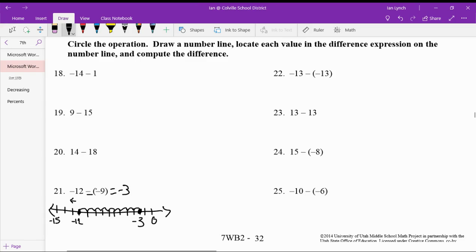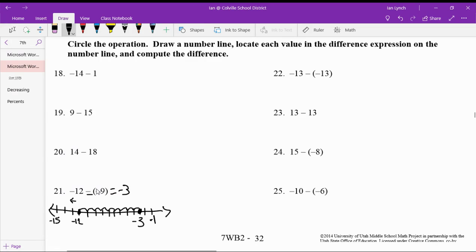That should be negative 1, not 0. Okay. So guys, that's all we're doing for these. Drawing out our number lines, putting in our numbers, and then moving as it tells us to.